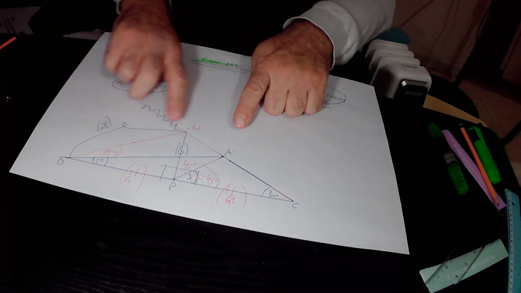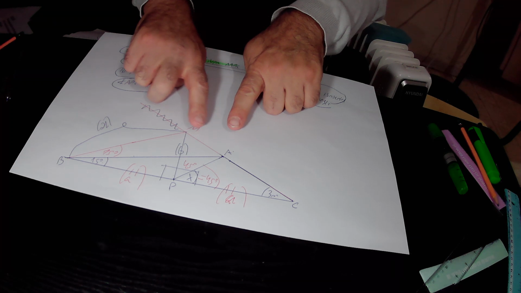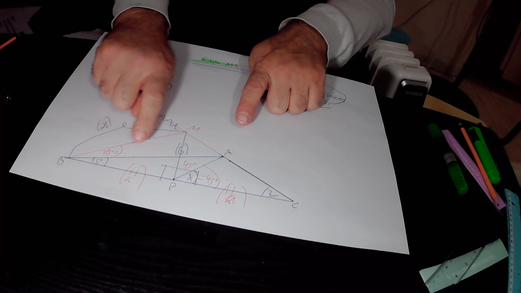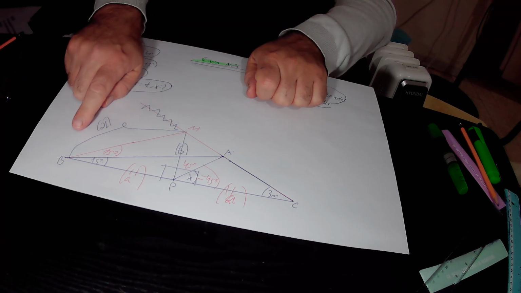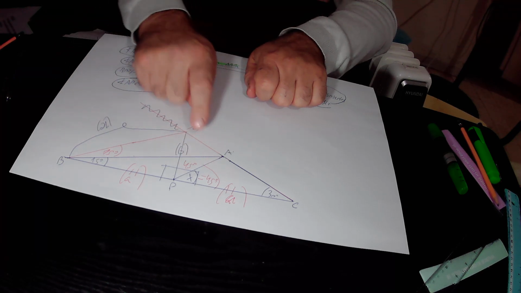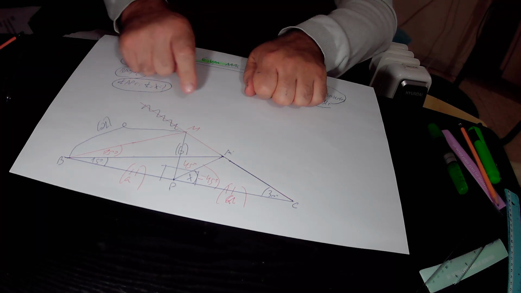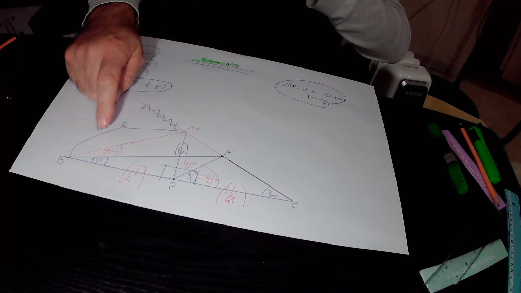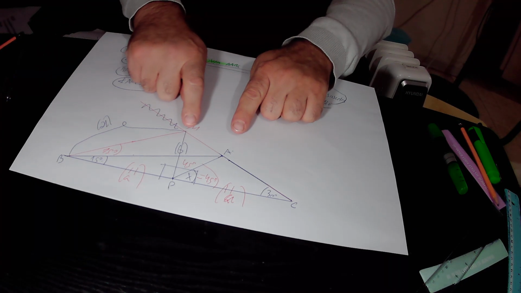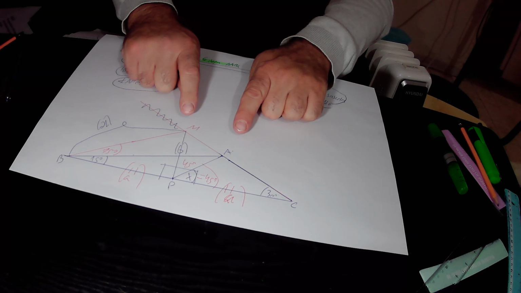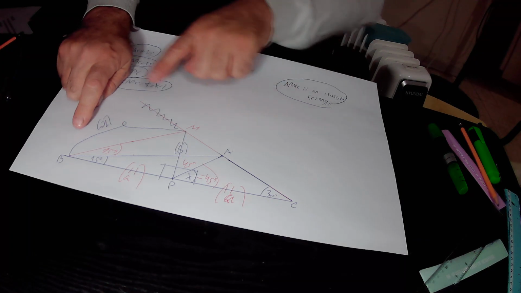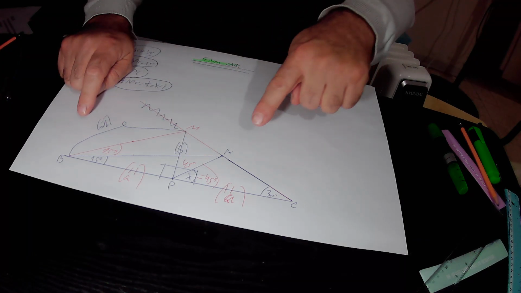Therefore, AB divides the sides of triangle MBC proportionally. That is to say, MB over BC equals MA over AC.